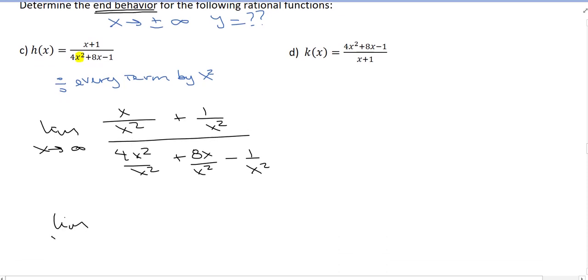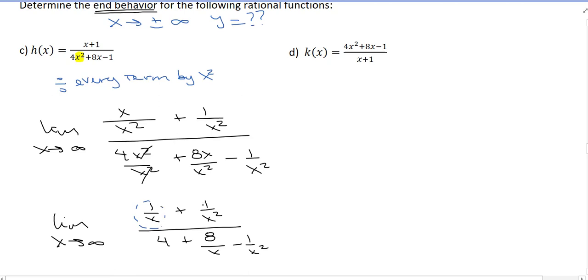So have your limit notation. x over x squared is just 1 over x. There's nothing to simplify on the second term. 4x squared over x squared, the x squareds cancel, I'm left with 4 plus 8 over x minus 1 over x squared. And as x goes to infinity, what happens?